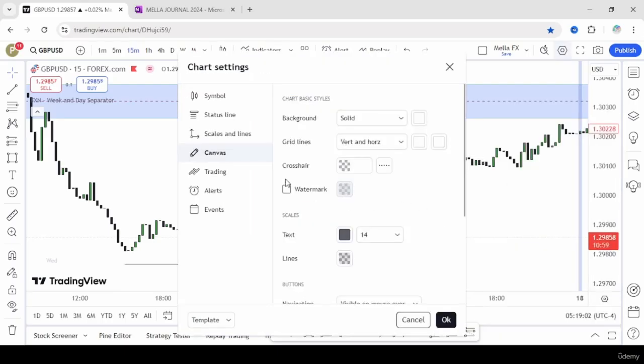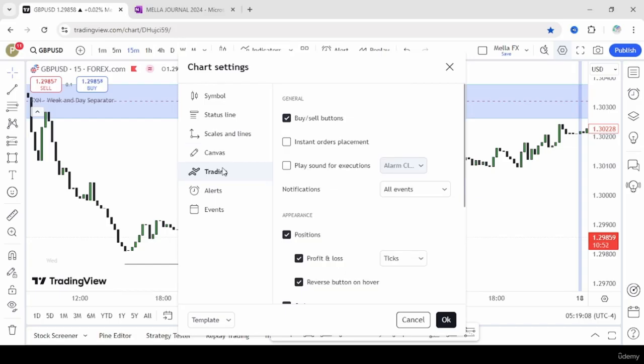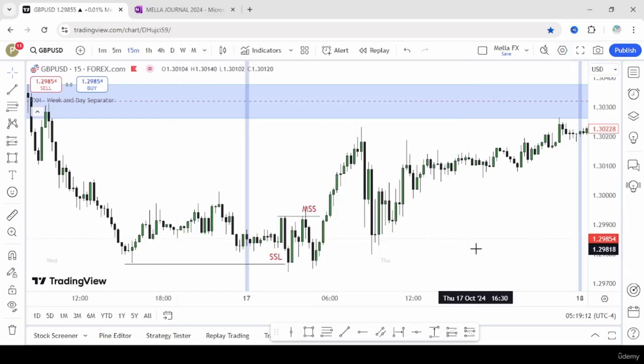So let me return the settings, symbols, yes. When I return it, I prefer to see bodies. For instance, on this side, we can see the market came back down again and then ran higher. So at this point is where I'm interested, not here.